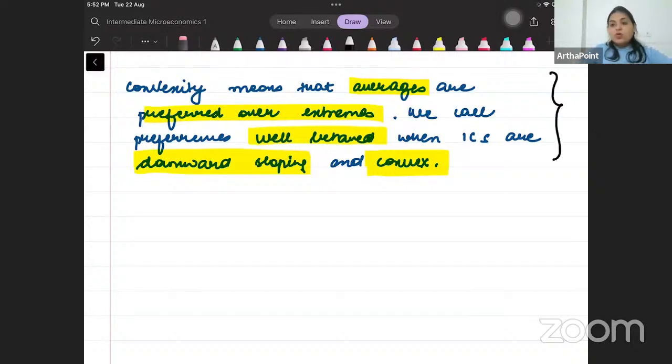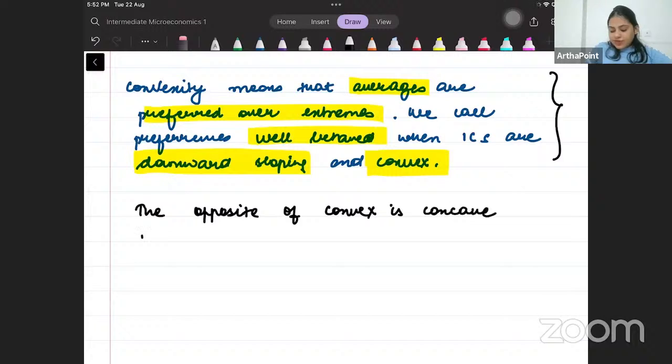कॉन्ट्राडिक्शन होता है कॉनकेव प्रेफरेंसेस। सो प्लीज राइट डाउन द ऑपोजिट ऑफ कॉन्वेक्स is concave preference. पहले समझते हैं कॉनकेव होती कब है। So take an example.